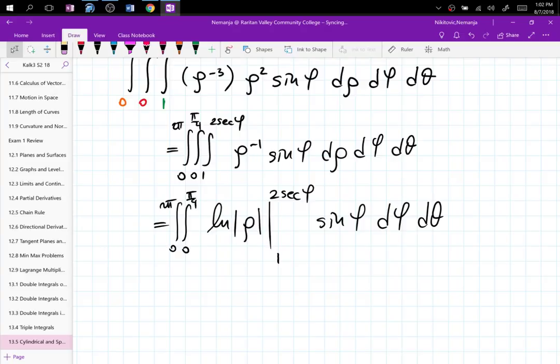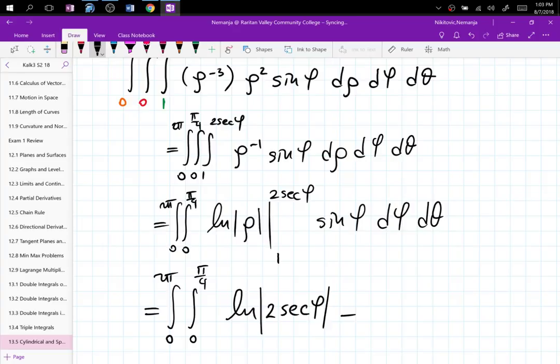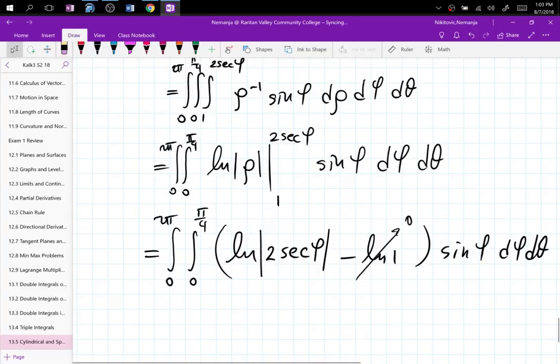That's what I thought. 0 to 2 pi, 0 to pi over 4. We have ln of 2 secant phi minus ln of 1, which is 0, times sine phi d phi d theta. This is another napkin problem.